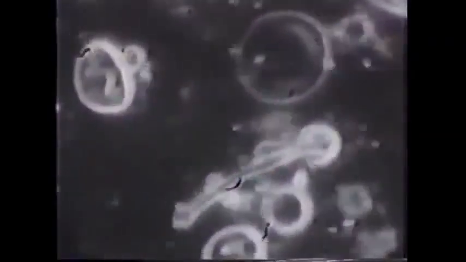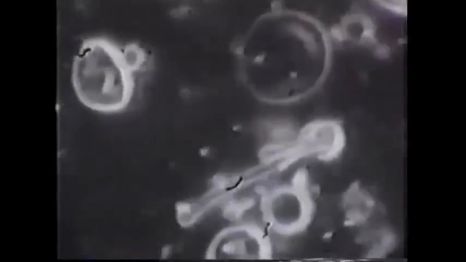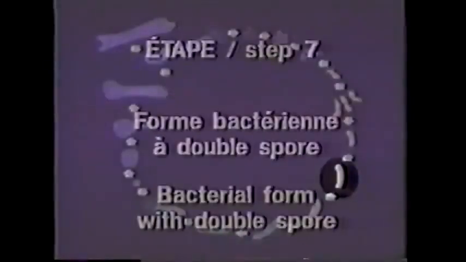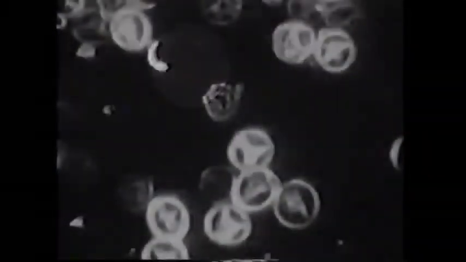The rod form looks like a bacterial form, except that it is longer and its cytoplasm seems empty. It should be noted that this bacterial form possesses two terminal spores.